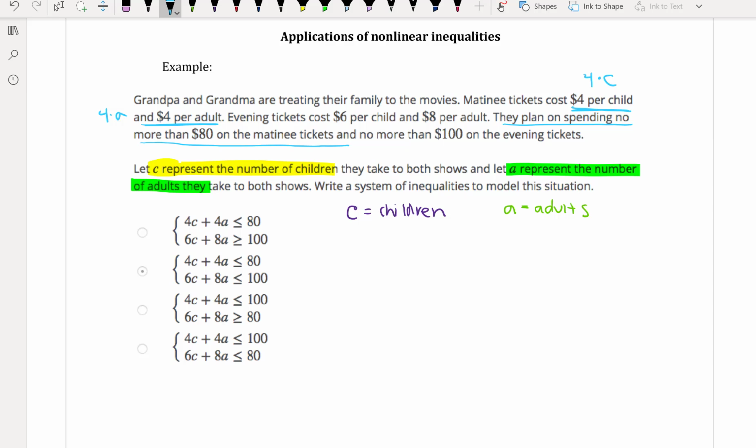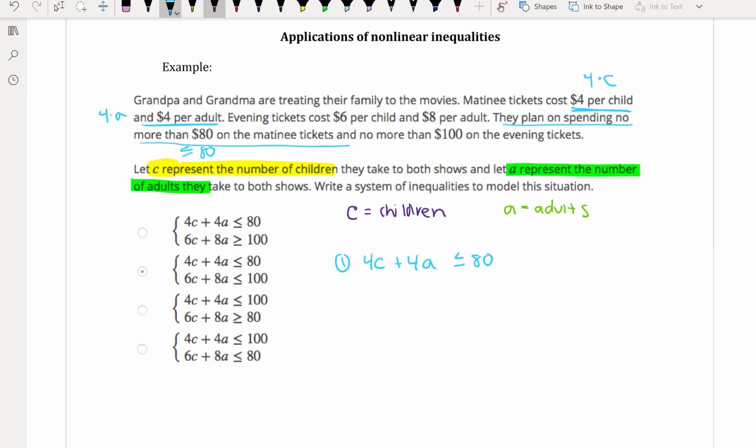So no more means it has to be less than or equal to 80. So that's going to be my first equation: 4C plus 4A, so $4 per child, $4 per adult, cannot cost more than $80. So it has to be less than or equal to $80.